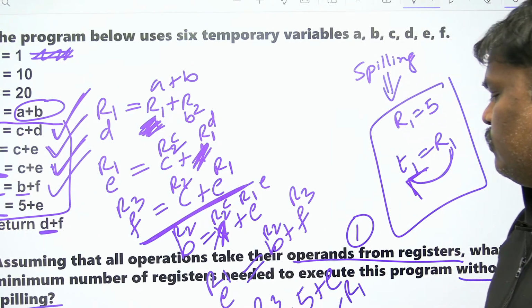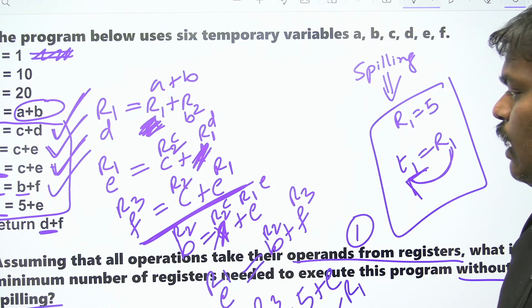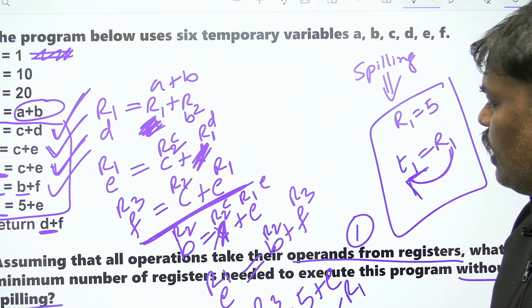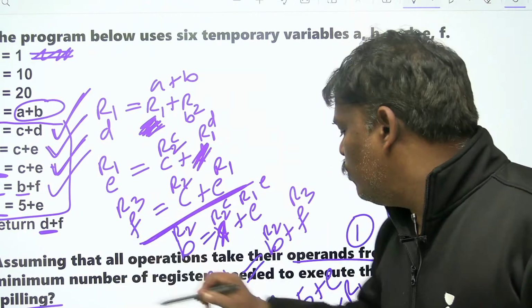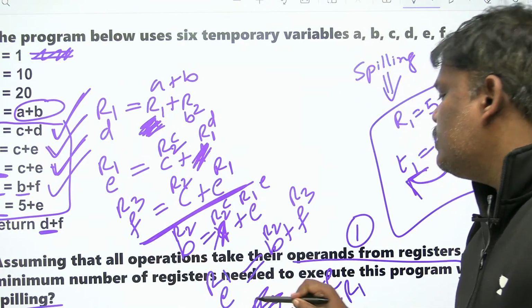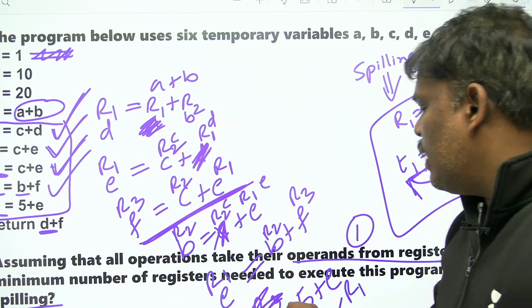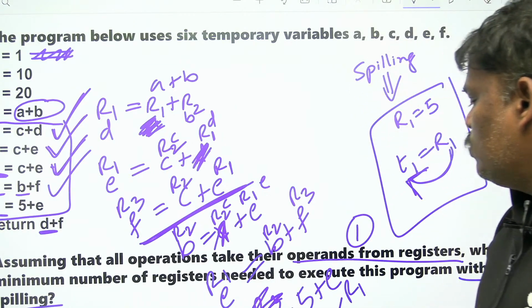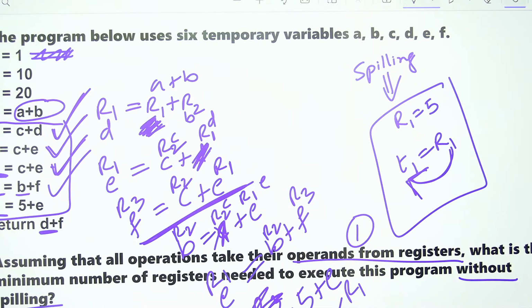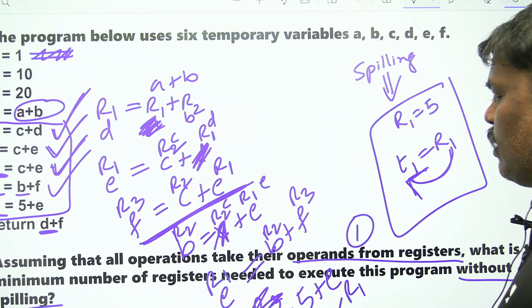What does R3 contain? F. I think F is required afterwards. Don't use it. So which one can I use then? You can use R1, because E is not coming further.